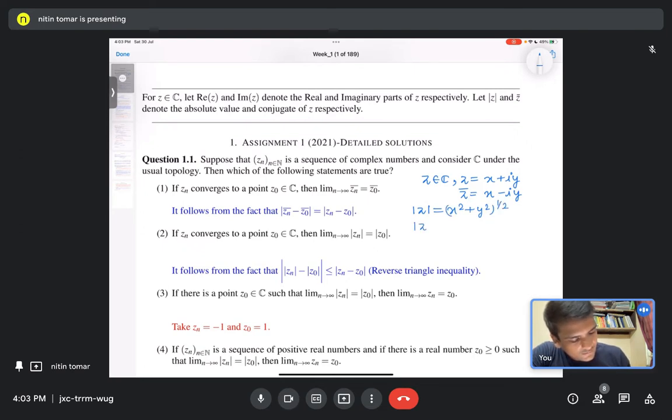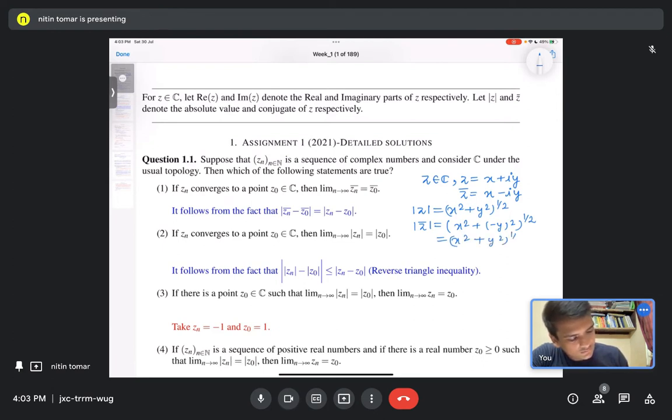And what if I were to ask you what is the modulus of Z bar? It will be the square root of x square plus the square of the imaginary part, which is minus y. But since it is squared, it will be just the square root of x square plus y square.